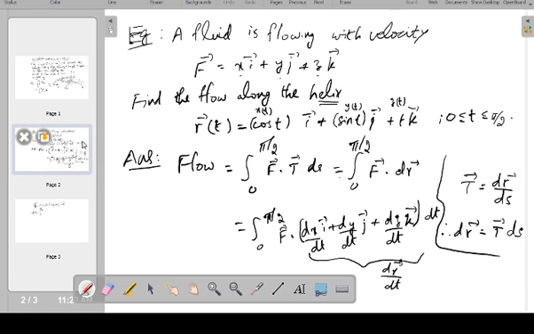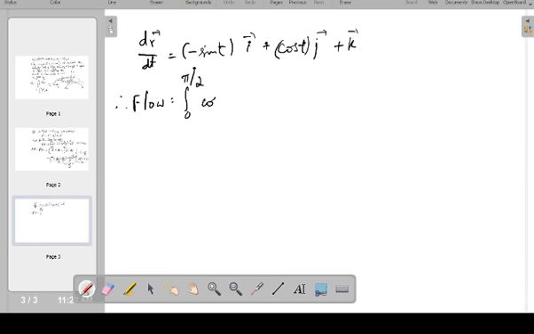Cos t vector i plus sin t vector j plus t vector k, that is f along the helix. Dot product with dr by dt.